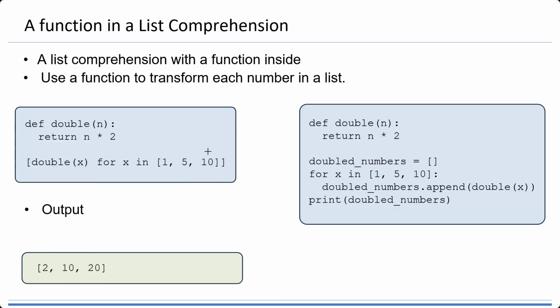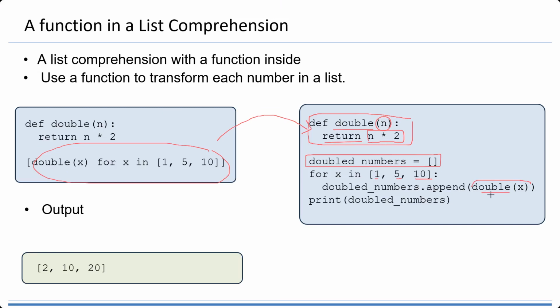This statement is the same as this statement. You have the function double with one parameter n, and n is multiplied by 2. It is a written function. And then we have an empty list, double number. For every number, which is 1, 5, and 10, we want to double it.